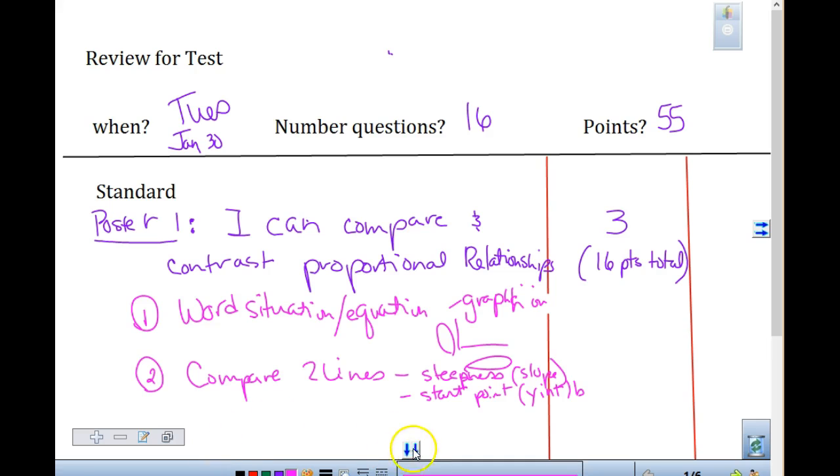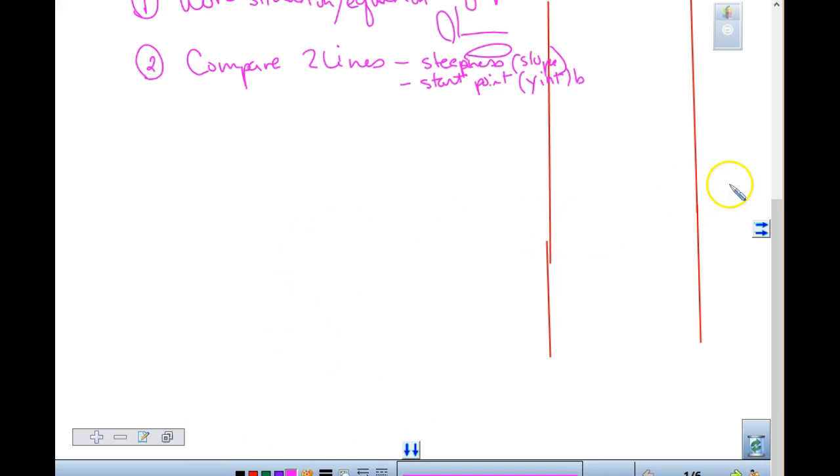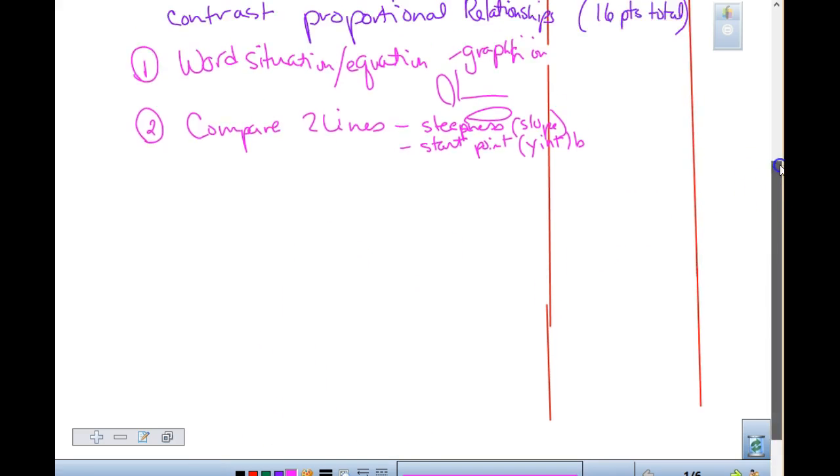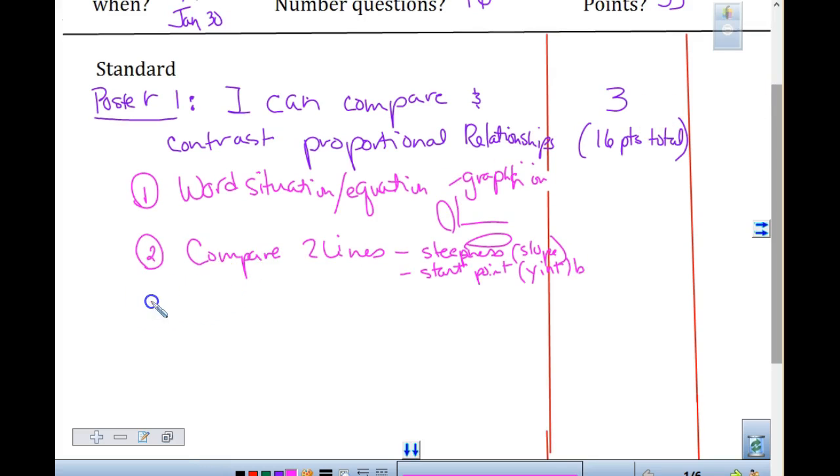And then the third type of question that you'll see will be one where I ask you to compare, and I'll give you a table, then a graph, and then an equation.